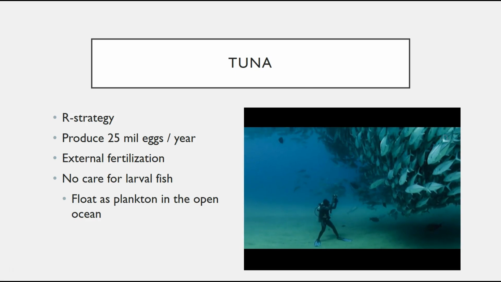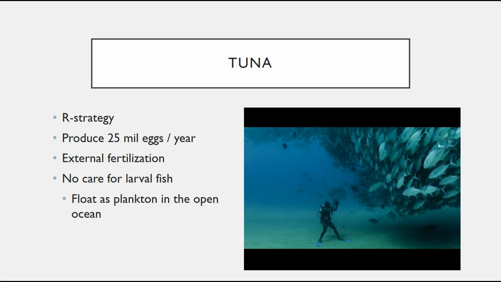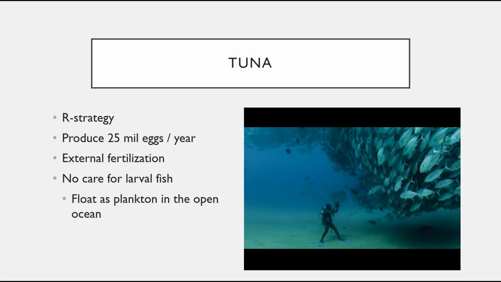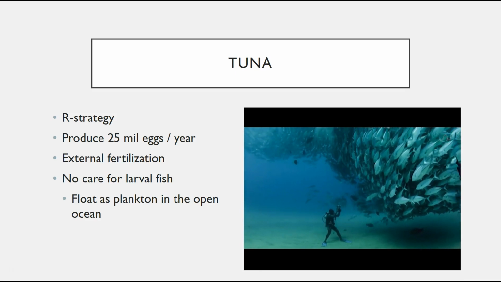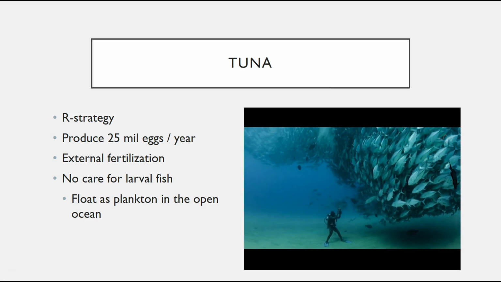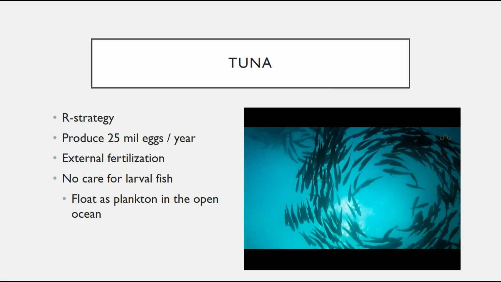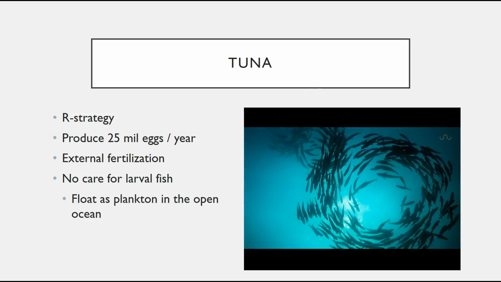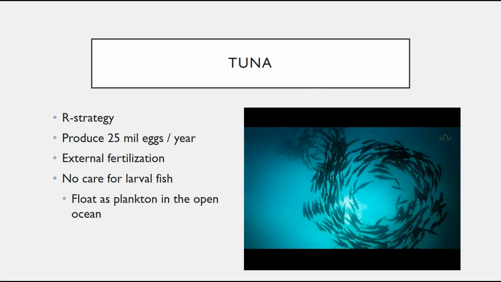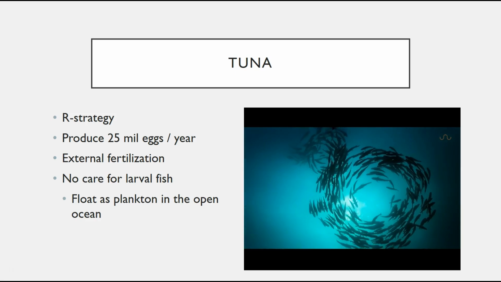Once the fertilization occurs, so here's where we're talking about our strategy. Once the fertilization occurs, the fertilized egg just floats to the surface in the open ocean. They develop and hatch pretty quickly after fertilization because you pretty much have to if you're going to be left alone and have to do this all by yourself.